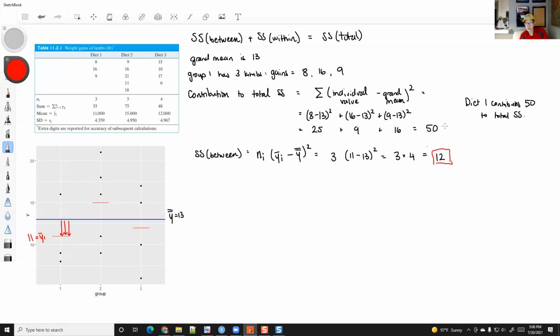Let me take a light blue and draw this. So we think about the total sum of squares. The total sum of squares is how different each individual value is from the grand mean.